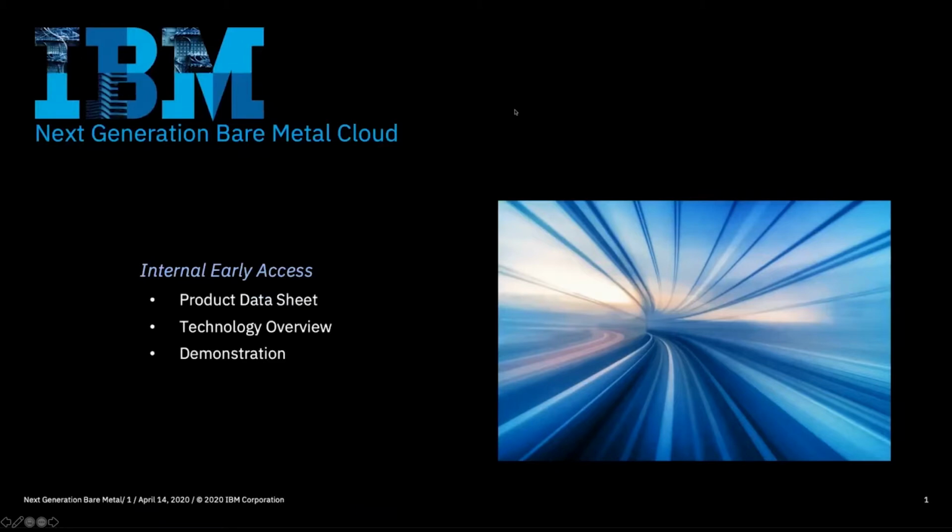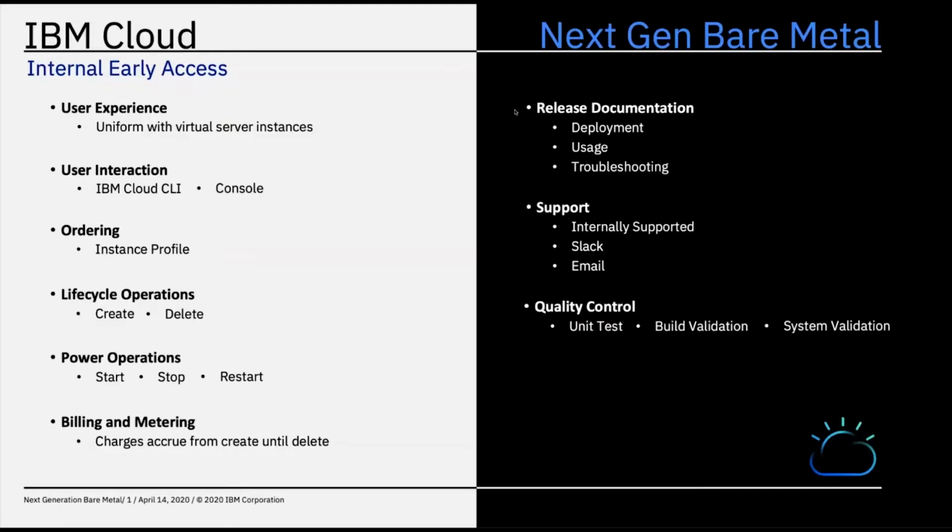What we wanted to demonstrate here is the general functionality of the internal early access. The focus from the beginning for this milestone has been to provide a uniform customer experience when they're ordering physical servers for a VPC.